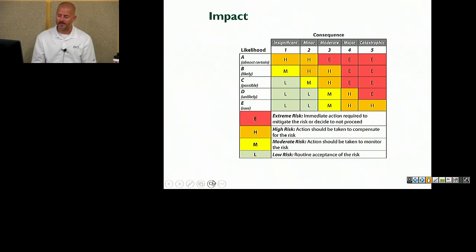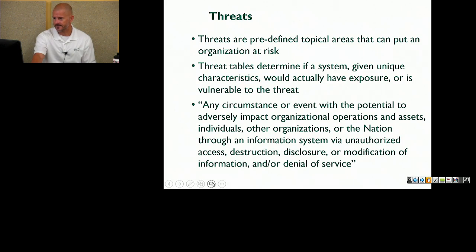And then at that point in time, you can take further action. But the initial action should be to mitigate the extremity of that particular risk to a more acceptable level of risk.